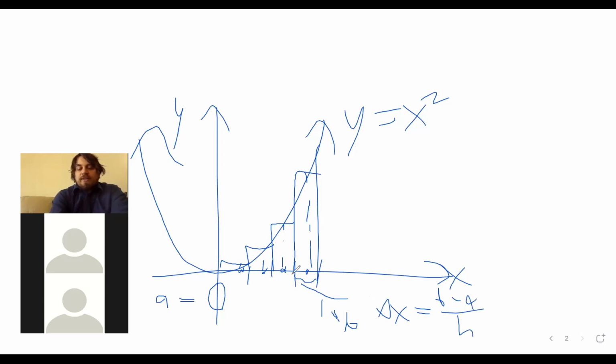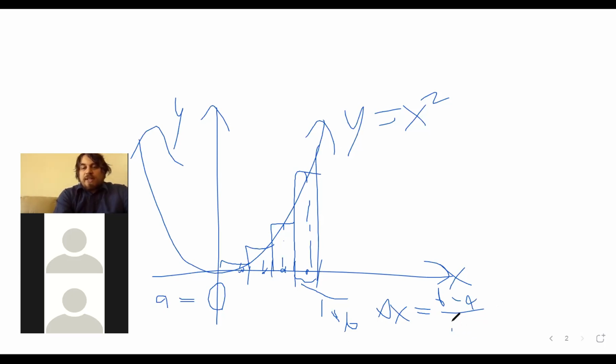So if you had 4 rectangles and the total length was 1, to divide 1 into 4 equal parts, you do 1 over 4. And so that's n. So that's b minus a over n. That's delta x. That's the length.